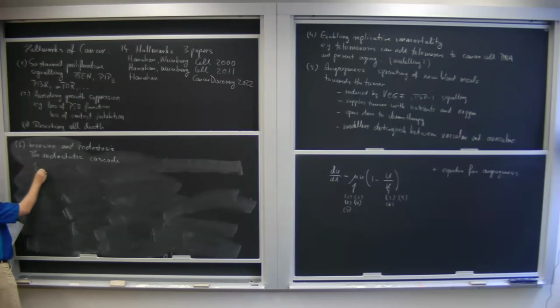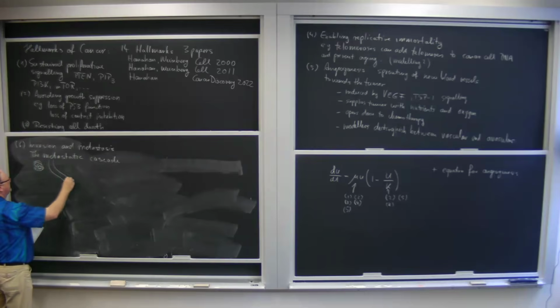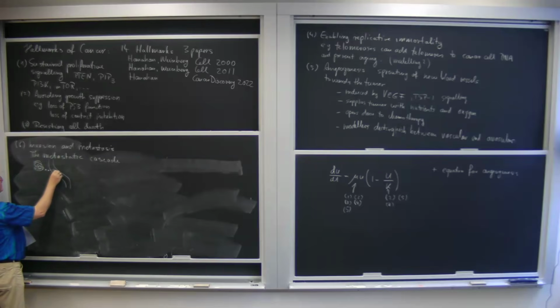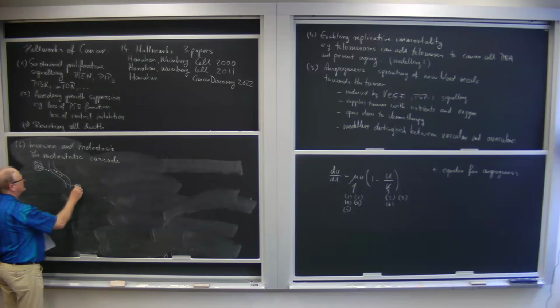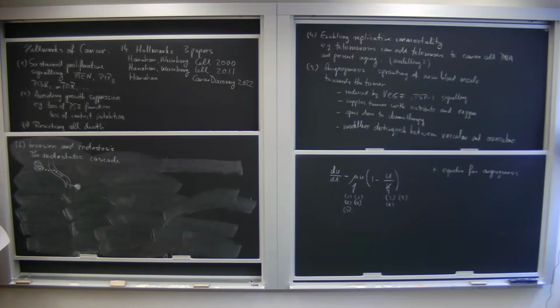So the idea is there's a primary tumor somewhere here, there's a blood vessel, and then you get local detachment of cells. They start invading locally towards the blood system. Then they intravasate into the blood system, they're transported about, and then they extravasate somewhere, and they form microtumors, and then they might also form bigger tumors, metastasis, somewhere else.